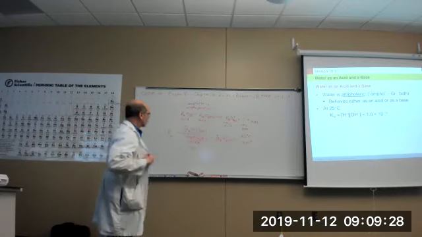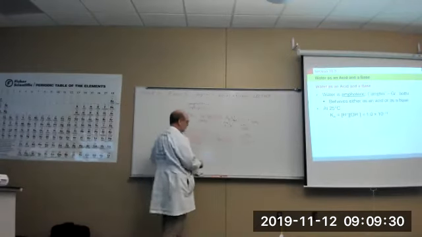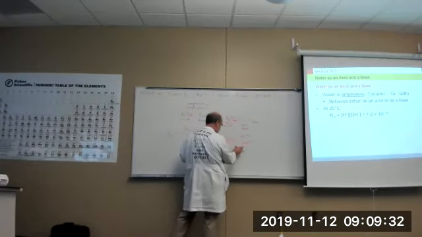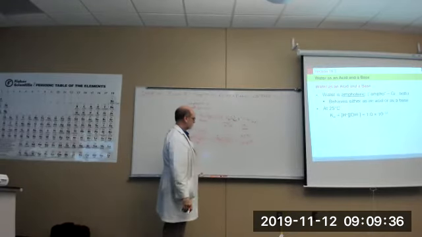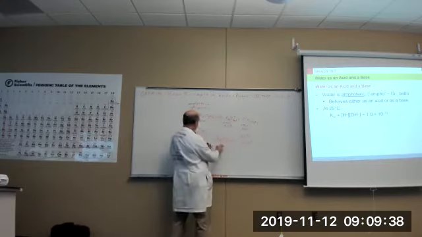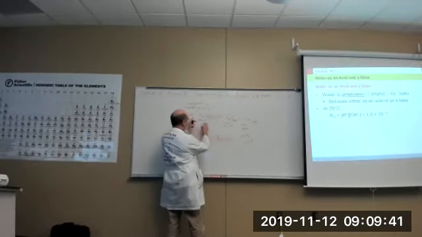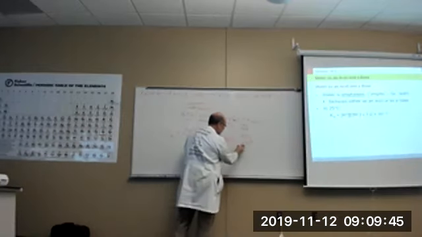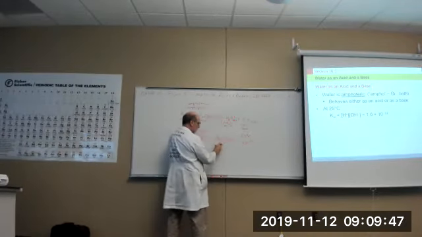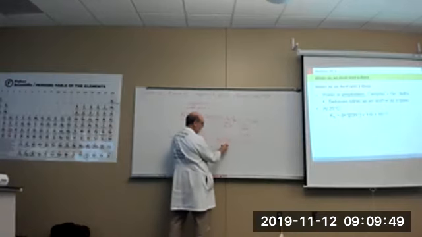Okay, so what does this tell us? If the K value is this number, then where did these come from? Well, they came from the same source, right? 1 to 1. So that means that if this is 10 to the minus 14, these have to be exactly equal.